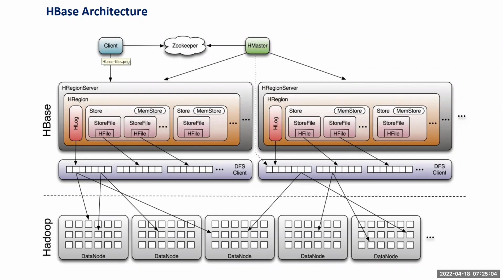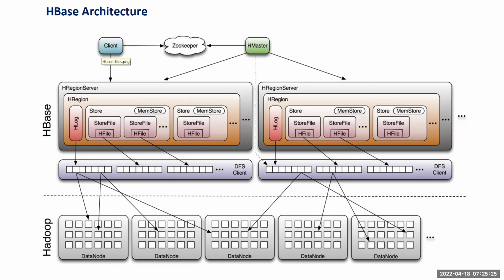Understand? HMaster is not keeping the data anywhere or reading the data anywhere. HMaster is the one who is guiding the client while inserting the data and while reading the data also. Understood?